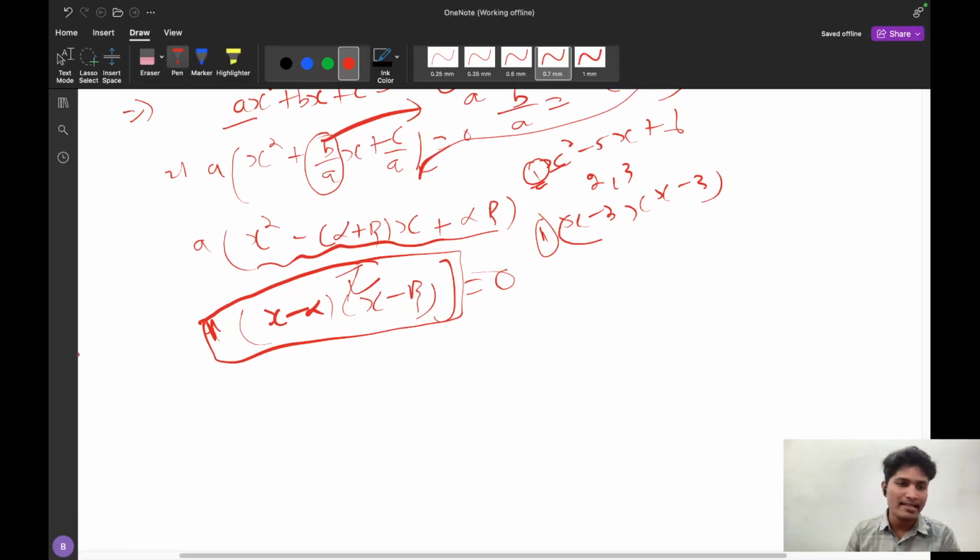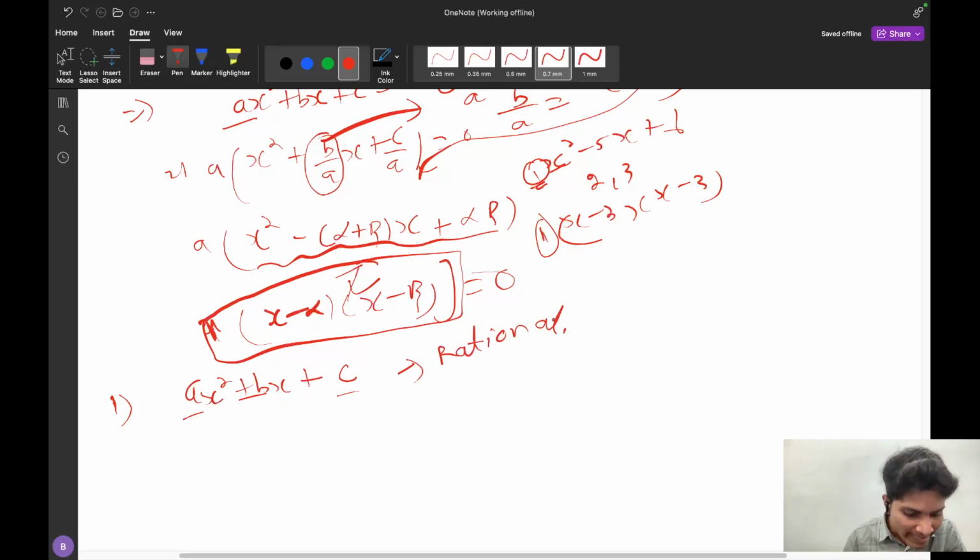Now there are three cases in finding the nature, that is, how a quadratic equation is behaving. If the coefficients a, b, c of ax square plus bx plus c are rational, then the roots alpha beta occur as an irrational pair.